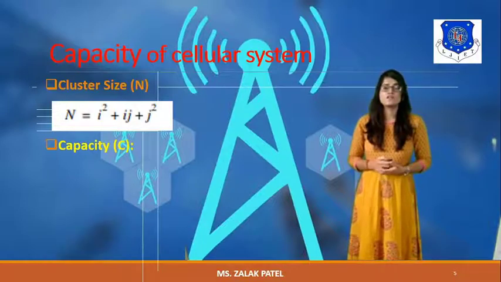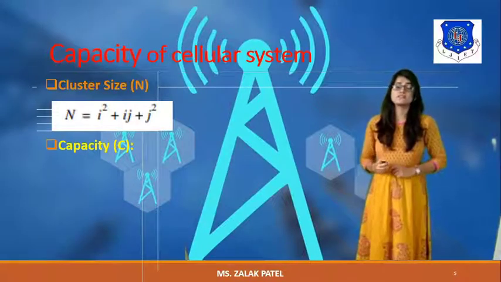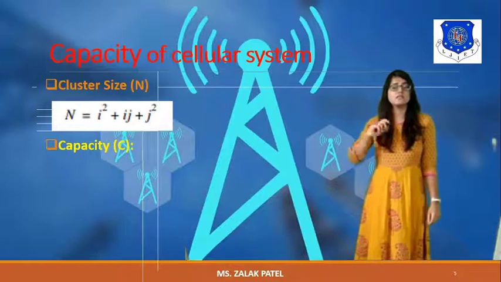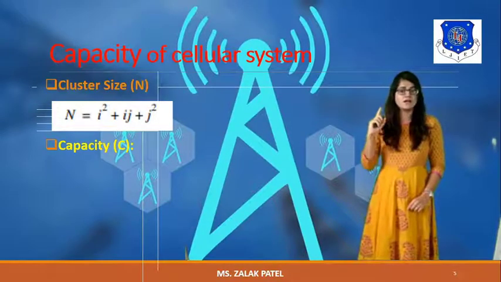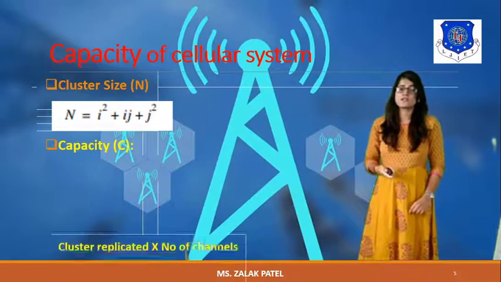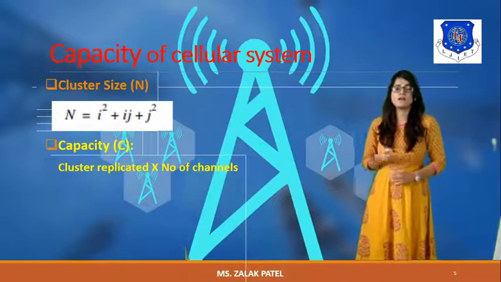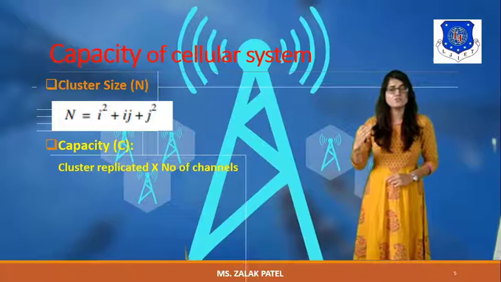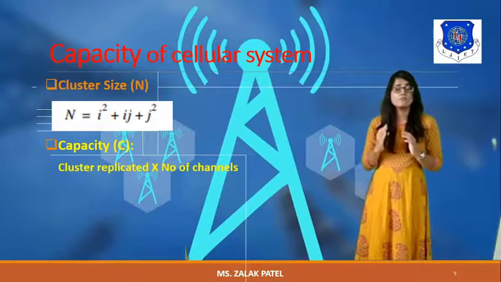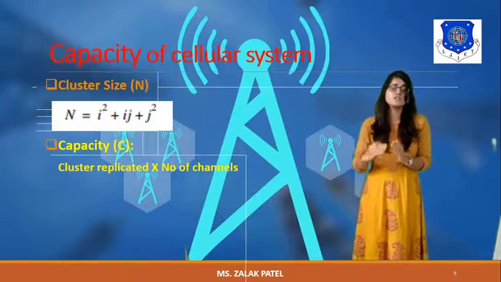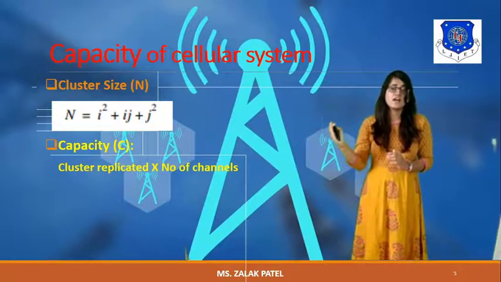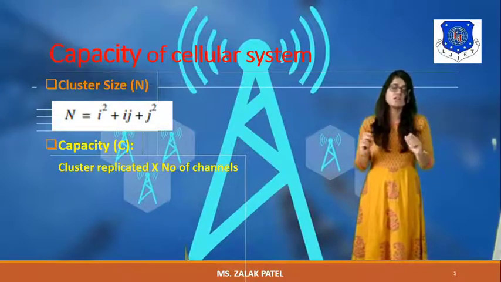The system capacity is basically the number of channels used over the complete cellular system. So capacity is determined by the number of channels used in one particular cell, into the number of cells replicated in that particular area.